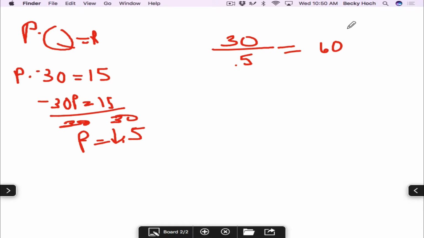Very elastic. Very elastic. Price went down 0.5%, and quantity went down by 30%. That's pretty elastic. Common sense should be able to tell you that's stinking elastic.